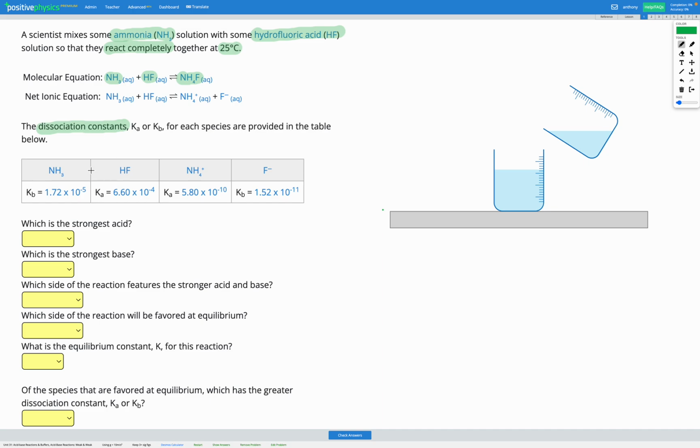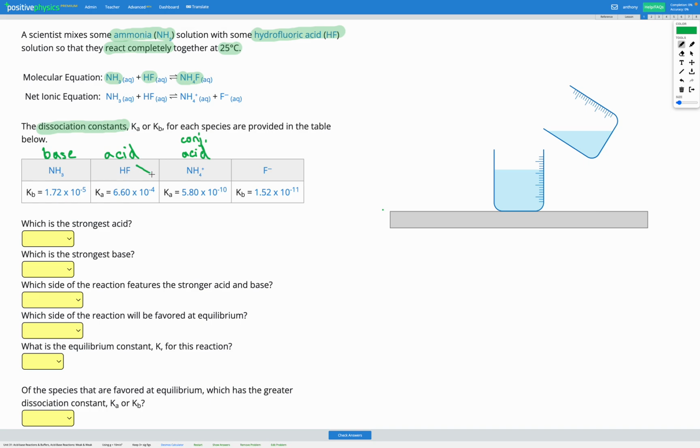conjugate acid. So NH3, ammonia, we know that's a base. And we can see here, it gains an H plus ion to become NH4 plus. That means NH4 plus is the conjugate acid of ammonia. Then we have HF, which we know is a weak acid.